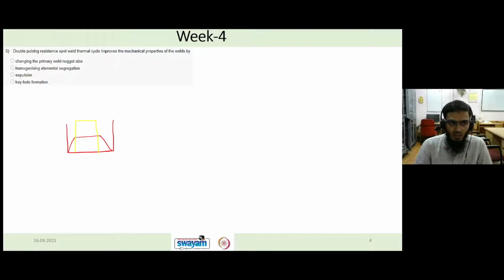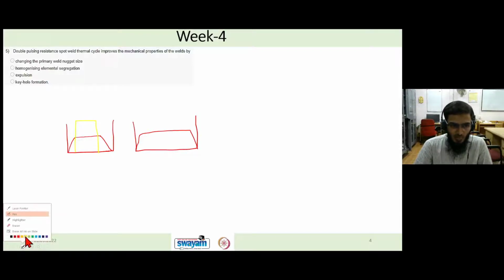But here in double pulsing, instead of using a single pulse, we will increase the force application duration and we will use two pulses, or you can say double pulse.